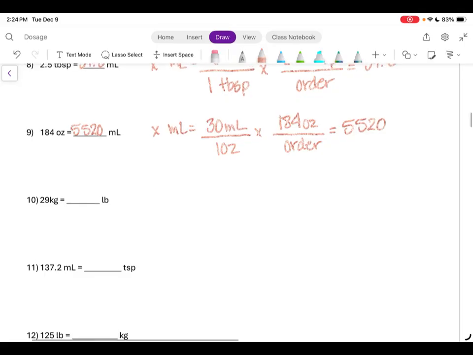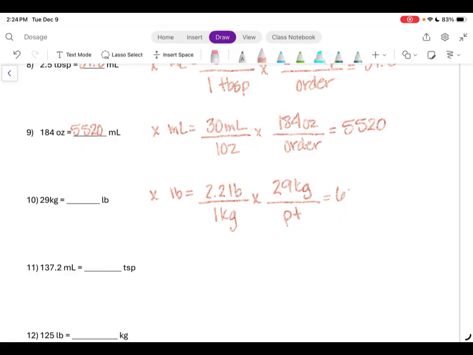All right, here we're looking for pounds. And from my conversion sheet, I know that 2.2 pounds is 1 kilo. And then we multiply by the weight. And I just write PT for patient.